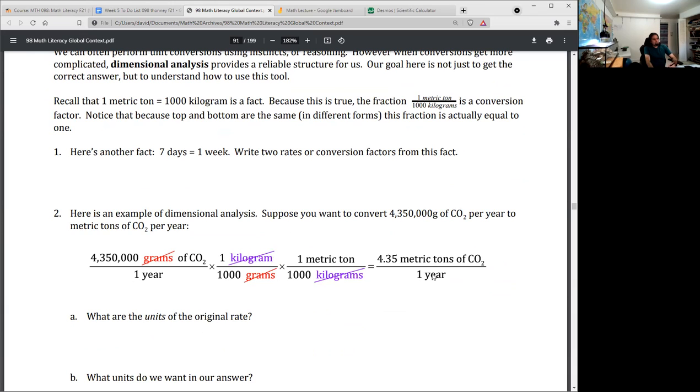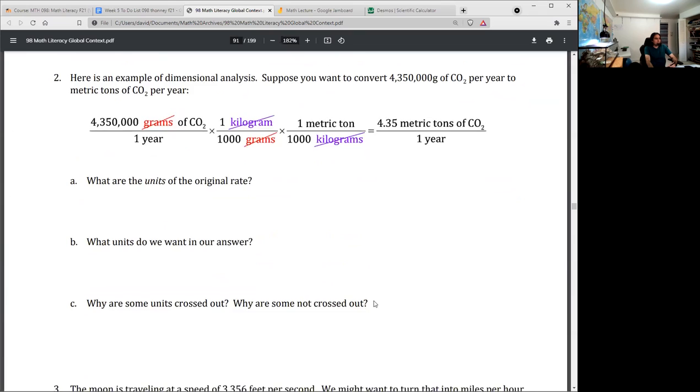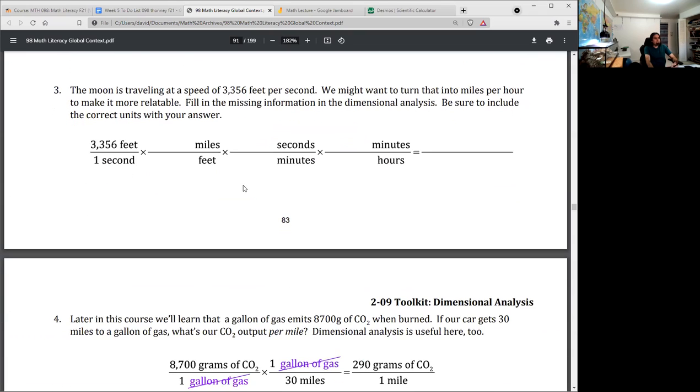Then they did their division in the same step as multiplying, which is a little confusing. The way I would write this, you'd have the 4,350,000 on top and the one with 5 zeros on the bottom, and then do a separate division step.